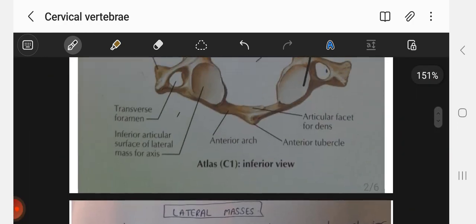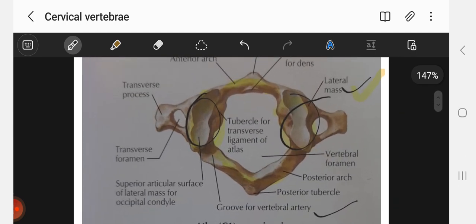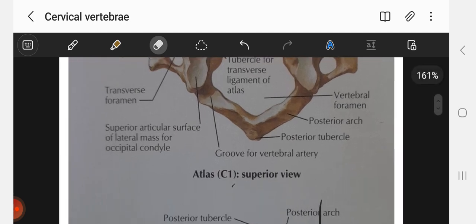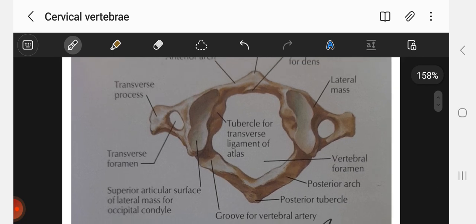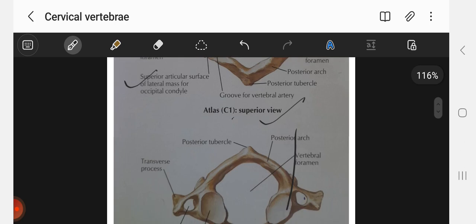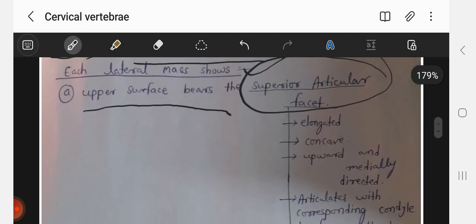If we look at the superior view of the first cervical vertebra, on the superior view, this is the superior articular facet of the lateral mass. So there are some features of the superior articular facets. The superior articular facet is elongated, curved, upward and medially directed.